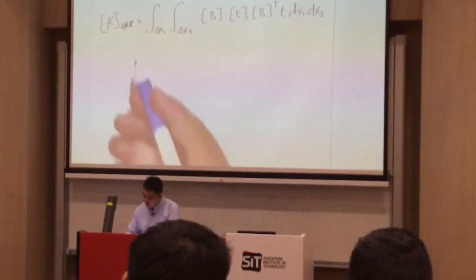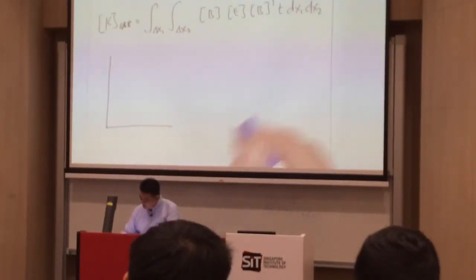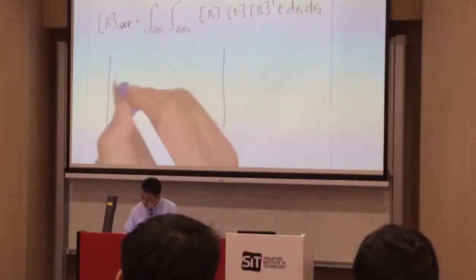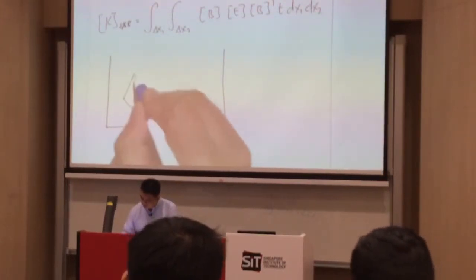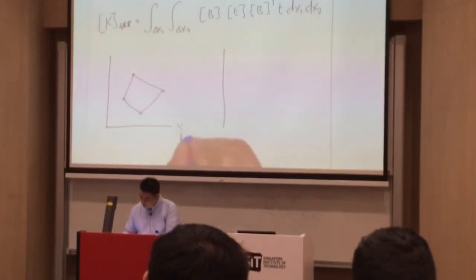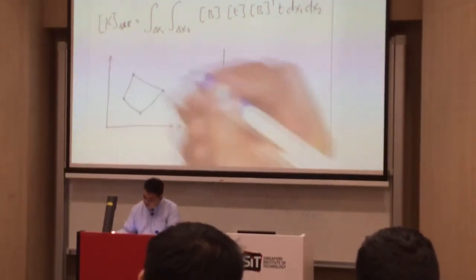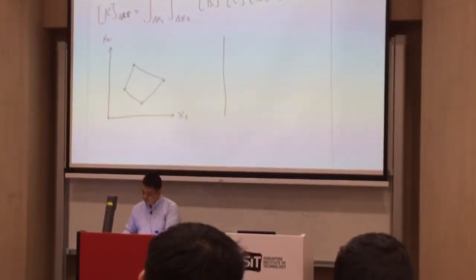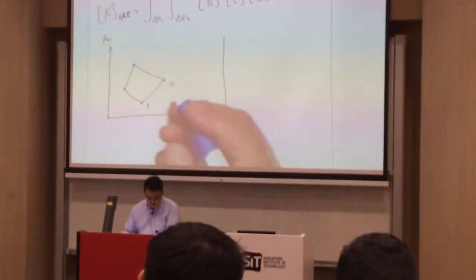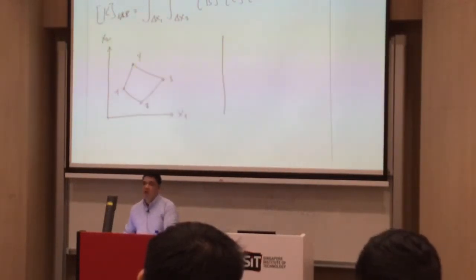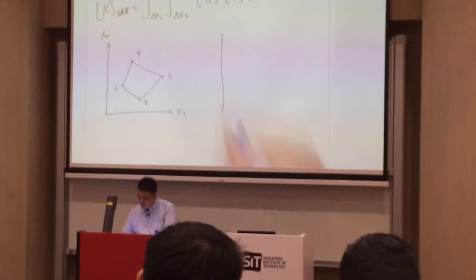How do you map this one here? So initially from the X1, X2 axis, so that's node 1, node 2, node 3, and node 4. You can map this one.